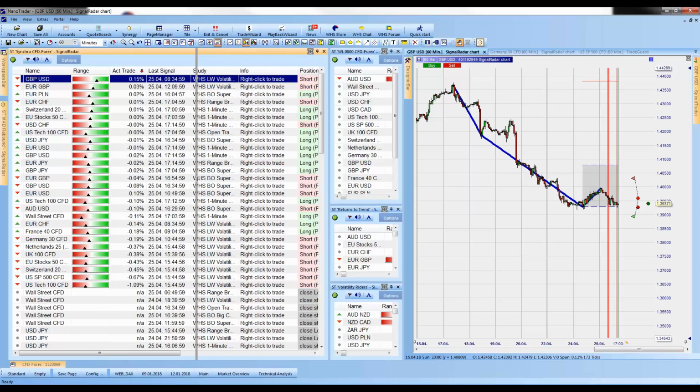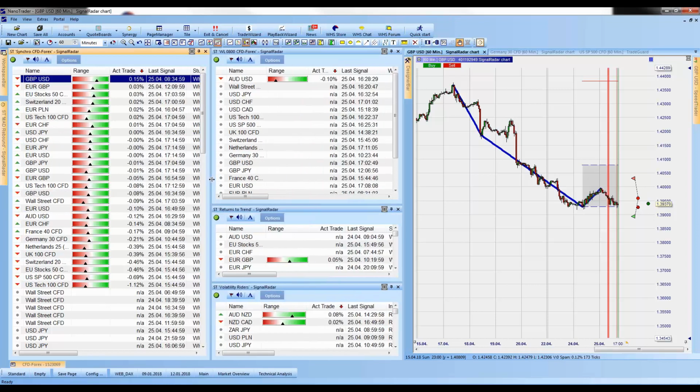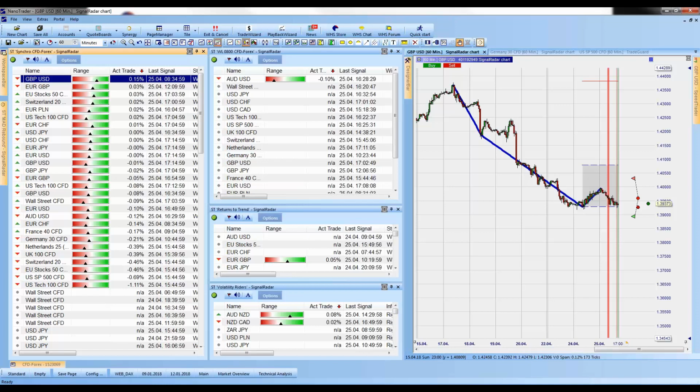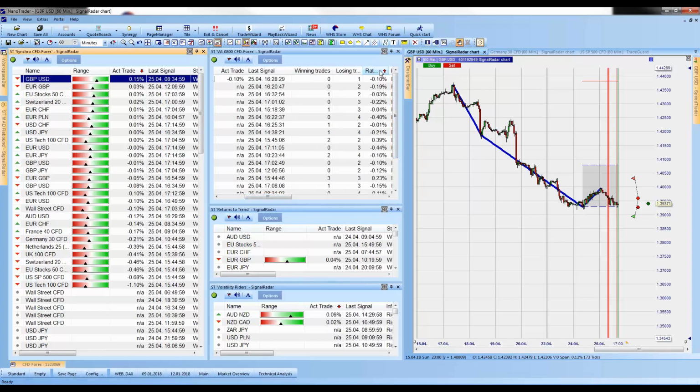Although it is not the objective to promote a particular strategy, I would say on the contrary, and we will go into that important piece of detail, what you can really do with the SignalRadar in a second. There is the possibility for the publisher to show a result, and for example here there is a strategy called WL0800, and this is for today only.